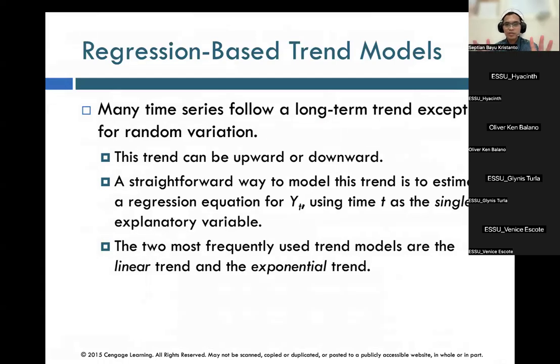After checking the informal conditions, like the description of your data, your trend analysis, your patterns with the scatter plot, and checking the autocorrelations, you can do your regression-based trend analysis. It is based on linear models.